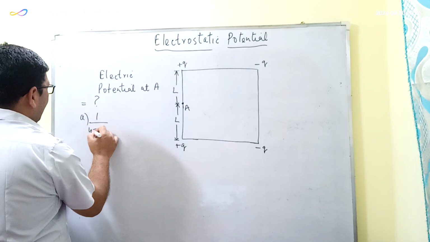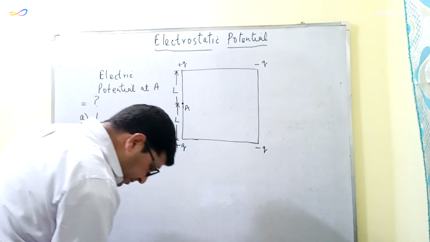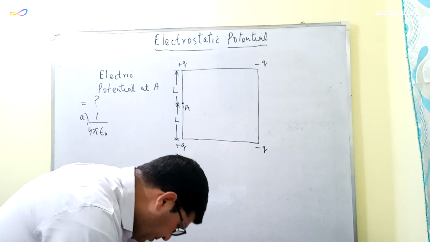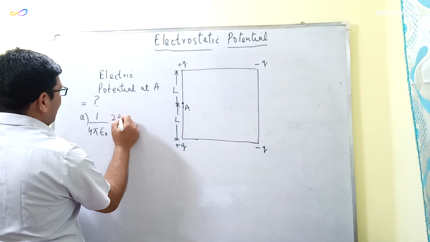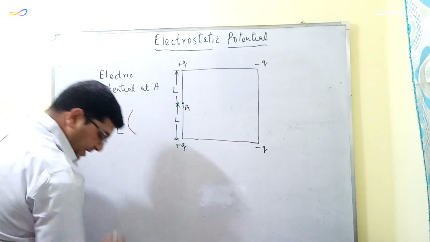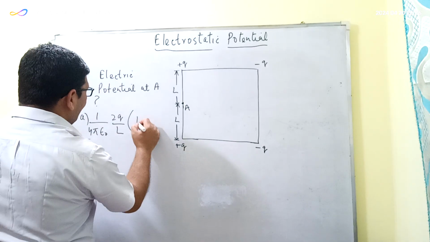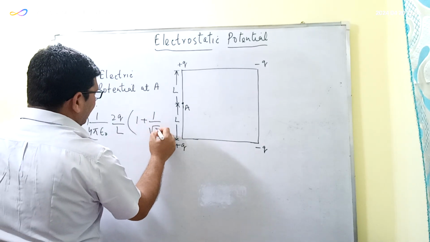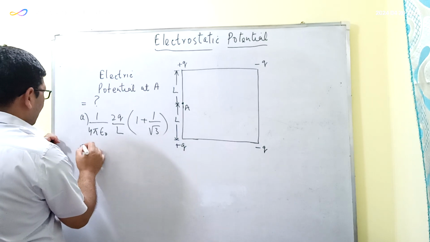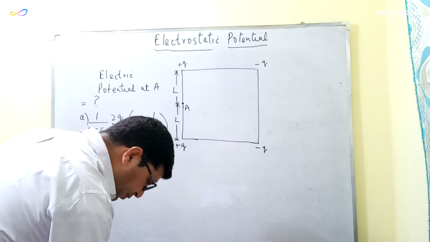1 by 4 pi epsilon naught, 2q upon L, in bracket 1 plus 1 divided by root 3. Sorry, not root 3, root 5.